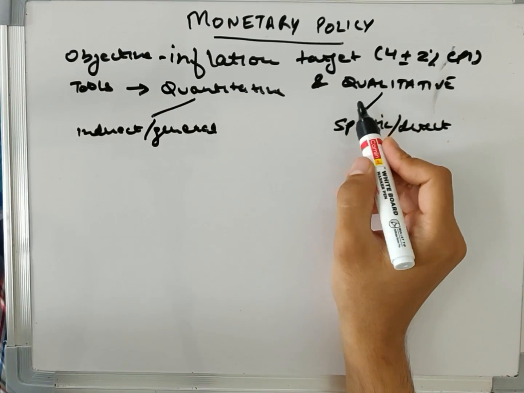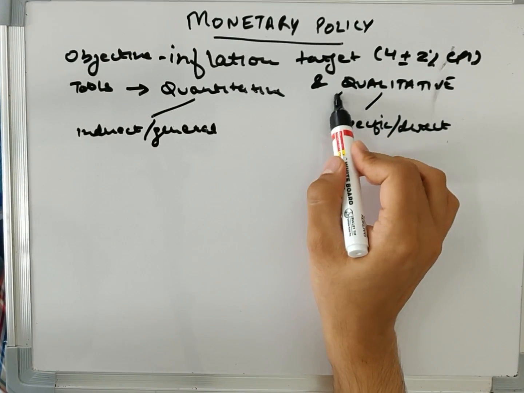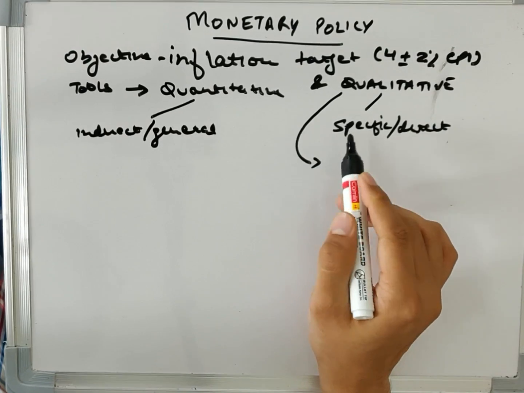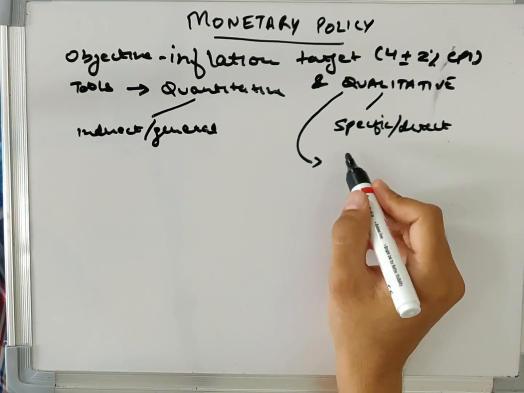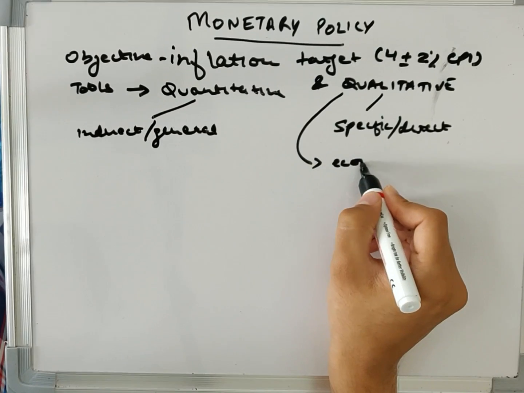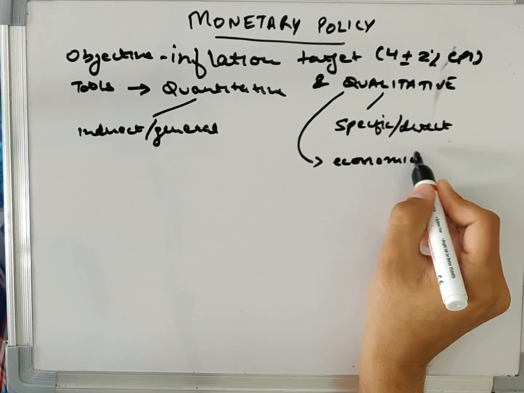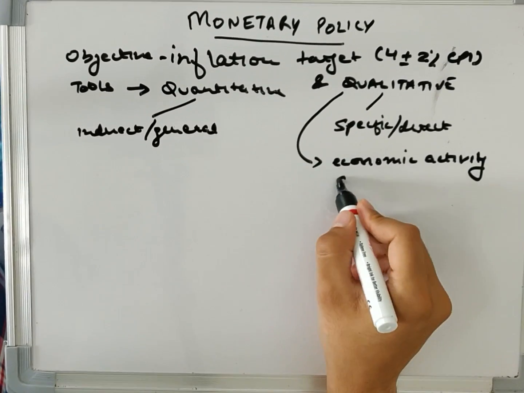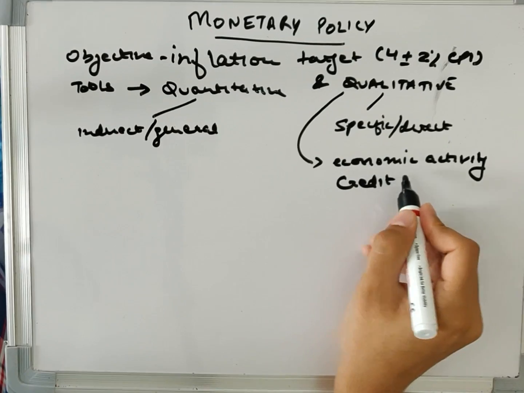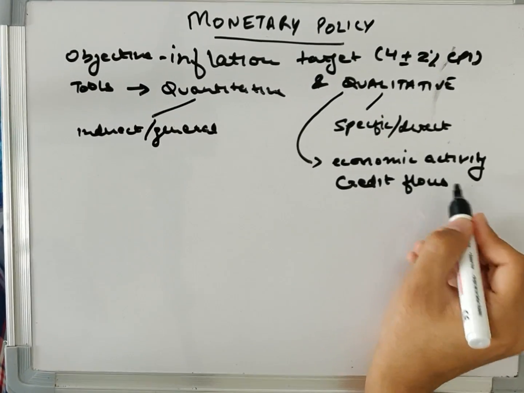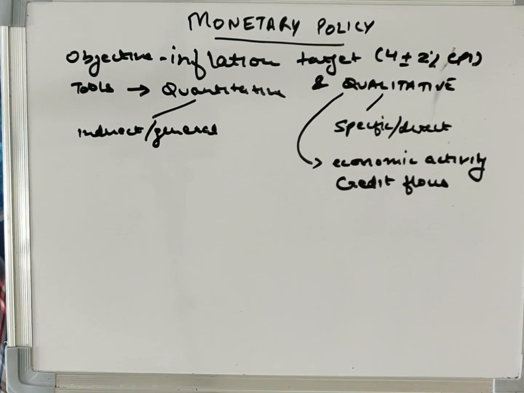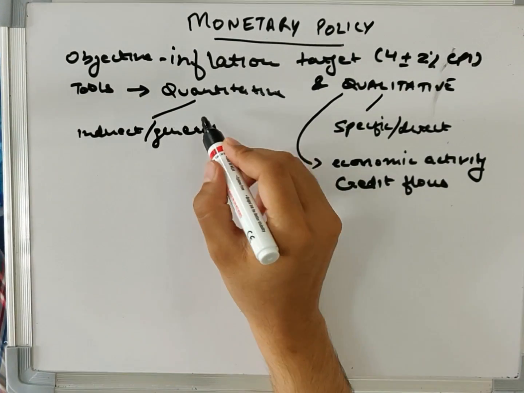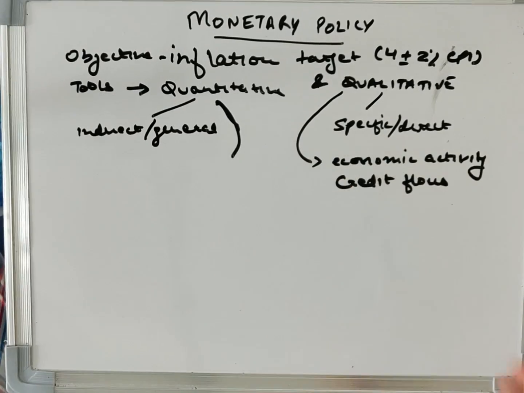This can be used for specific economic activity or credit flows in an economy, whereas this will affect the total macroeconomic framework.